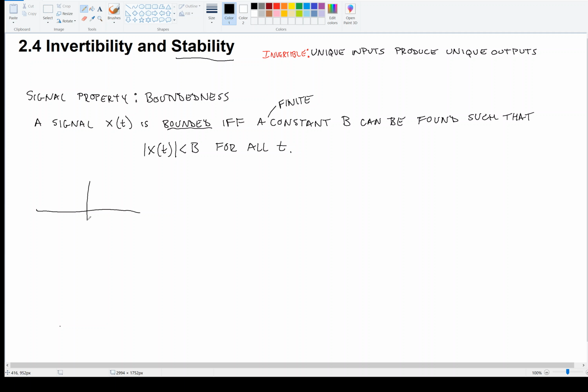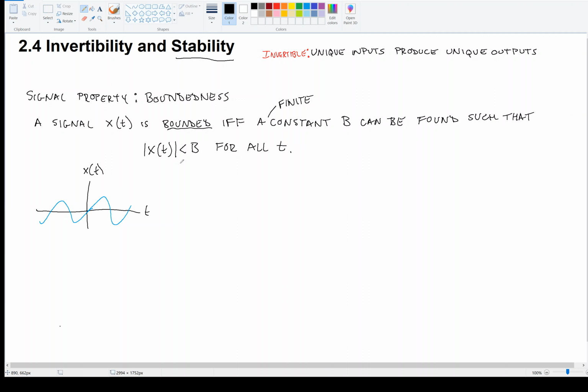Let's say x was, and I write this in continuous time, but it applies for discrete time as well, a sinusoid, a sine wave. A sine wave takes on values from -1 to +1. The absolute value of the sine wave then takes on values between 0 and 1. It's no larger than 1.